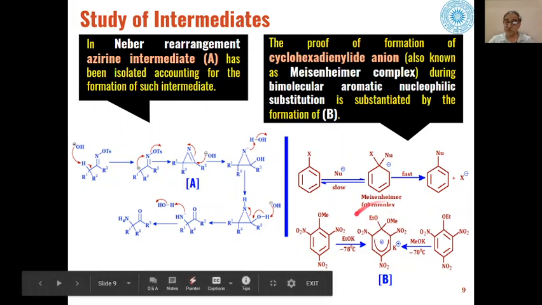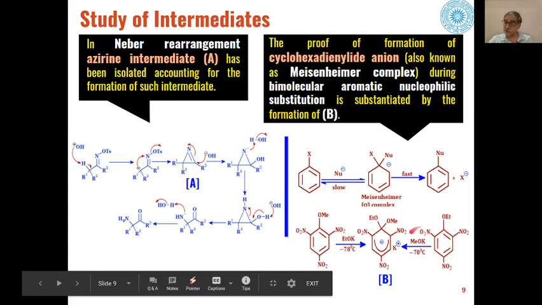And formation of these complexes has actually been achieved when this substrate is reacted with potassium methoxide, or this reactant is reacted with potassium ethoxide. You can see here the substitution is methoxy, whereas in this case the substitution is ethoxy.